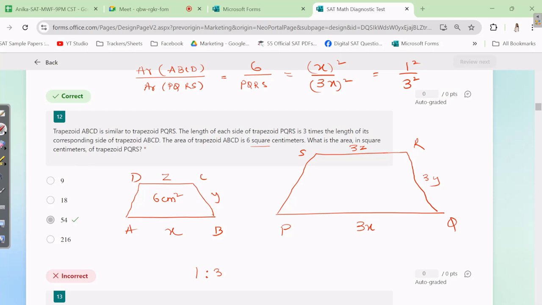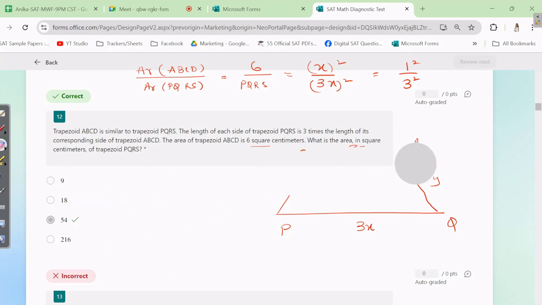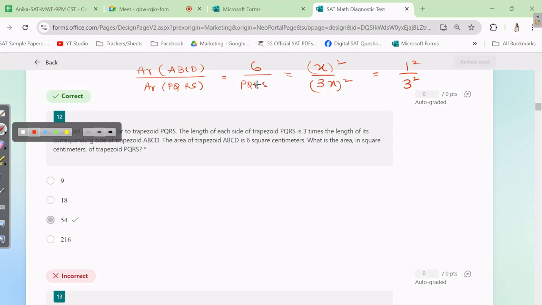See, now let's try to solve this. We have to find out the area of PQRS. So 6 over PQRS equals x square over 3x square. What's 3x square? 3x squared is 9x squared.